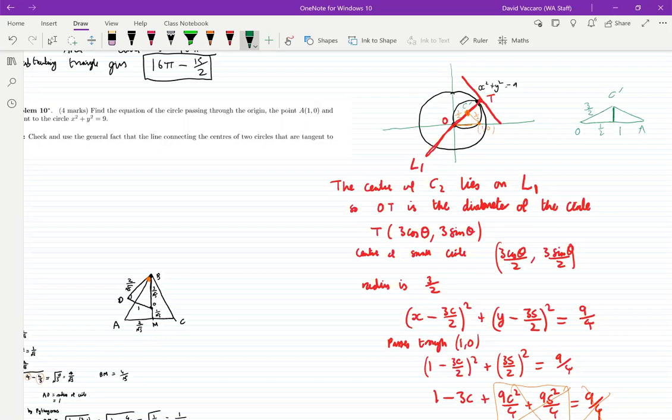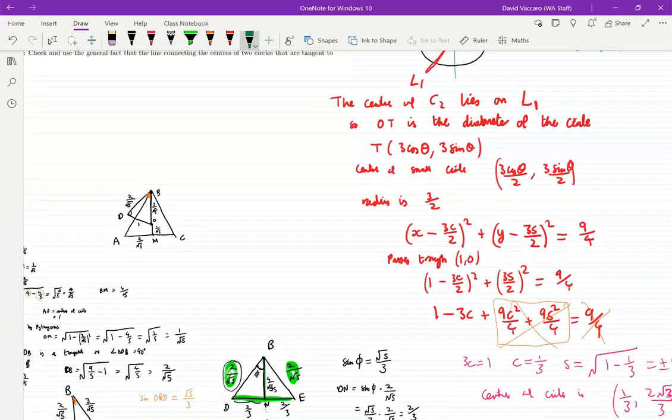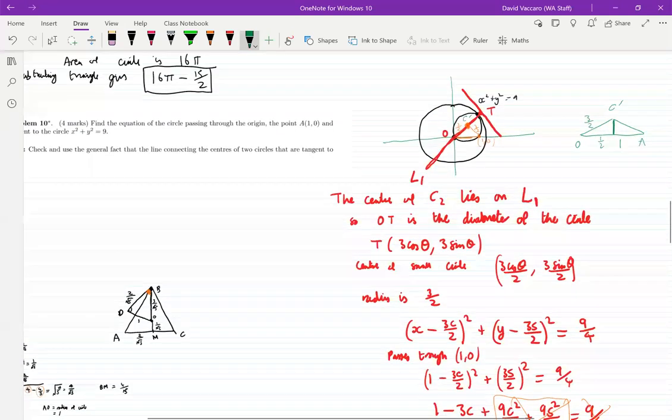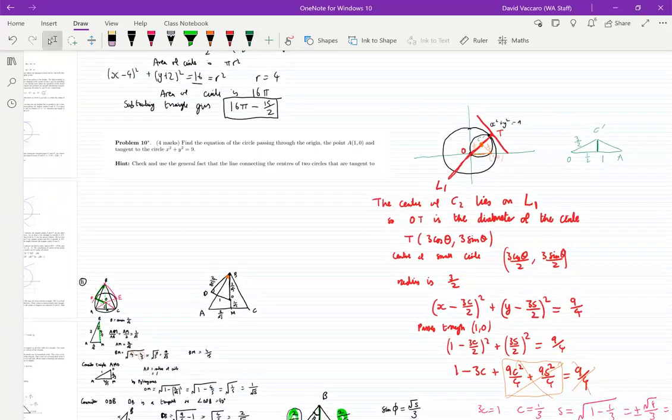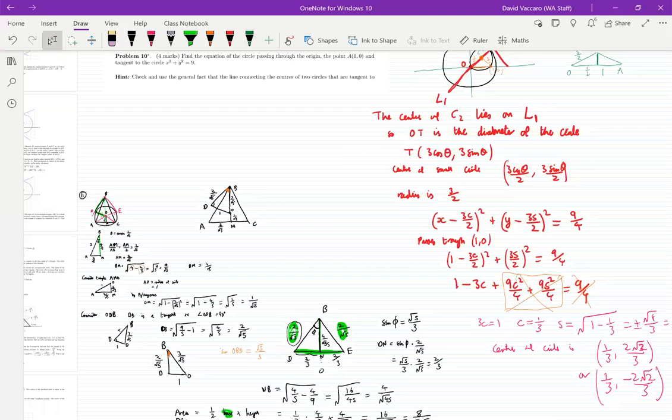No, I'm just trying to work out why the x coordinate of the center is not a half. Oh yes, it is.